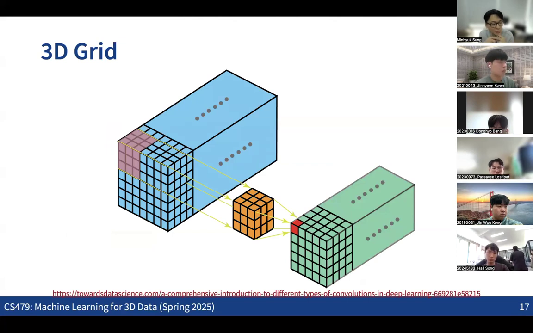So when we have a 3D grid, each element of the 3D tensor will be called a voxel, the volume element, right? Then once we have this 3D grid, we can apply everything we have used for the 1D and 2D data, such as the convolution operation, transforms, or many other things.